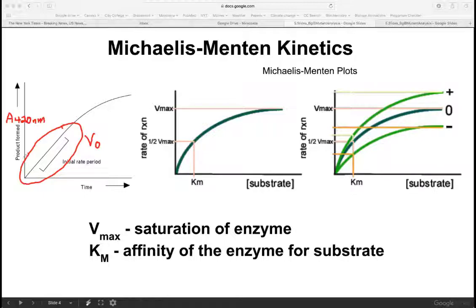And what we're really interested in is what happens down here in the linear portion. Remember, this line can be represented with a slope. Very important to keep that in mind because the slope is what's going to be reported back to you in terms of the raw data. So the raw data we're going to get from this experiment is the slope. Technically, that is the change in absorbance at 420 nanometers over time.